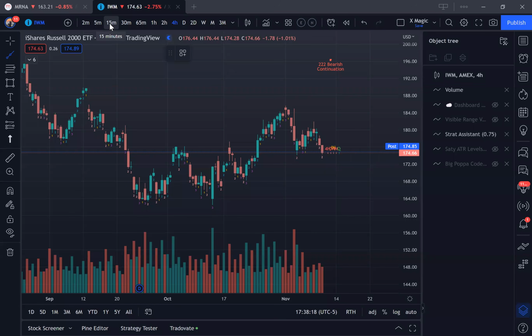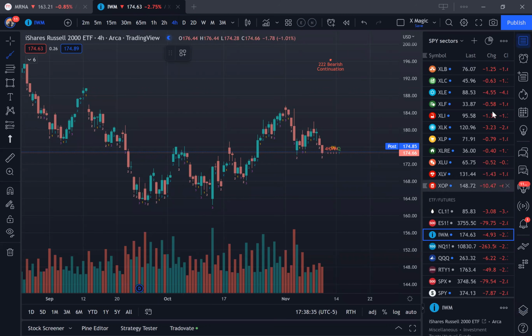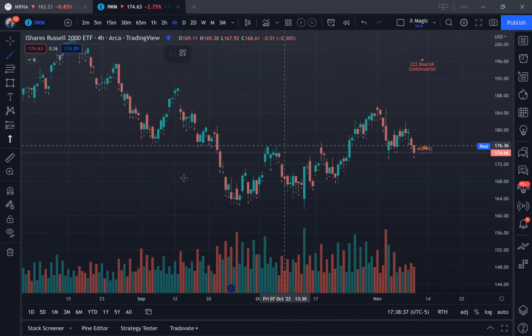So really quickly, when it comes to broadening formations, you need to draw them on every single time frame. For me, I do on the 1 hour, 4 hour, daily, weekly, monthly, quarterly, yearly. And again, use your object tree just to make your life easier, because if you don't have everything labeled, it's going to be really annoying to turn them off.